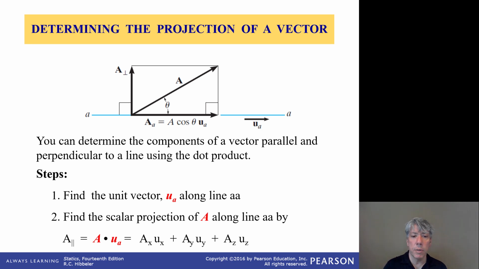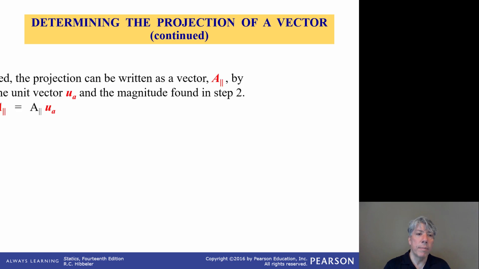We've got AX times uX plus AY times uY plus AZ times uZ. And that number, that addition, whatever you get at the end of that calculation, is the length of vector A along line AA. In other words, the parallel component of vector A along line AA. So we can find that length. Then what?